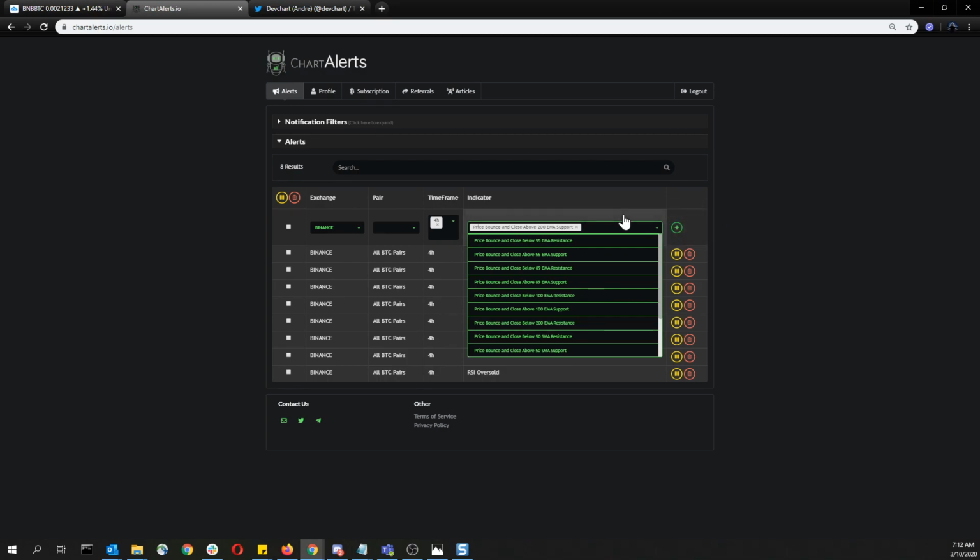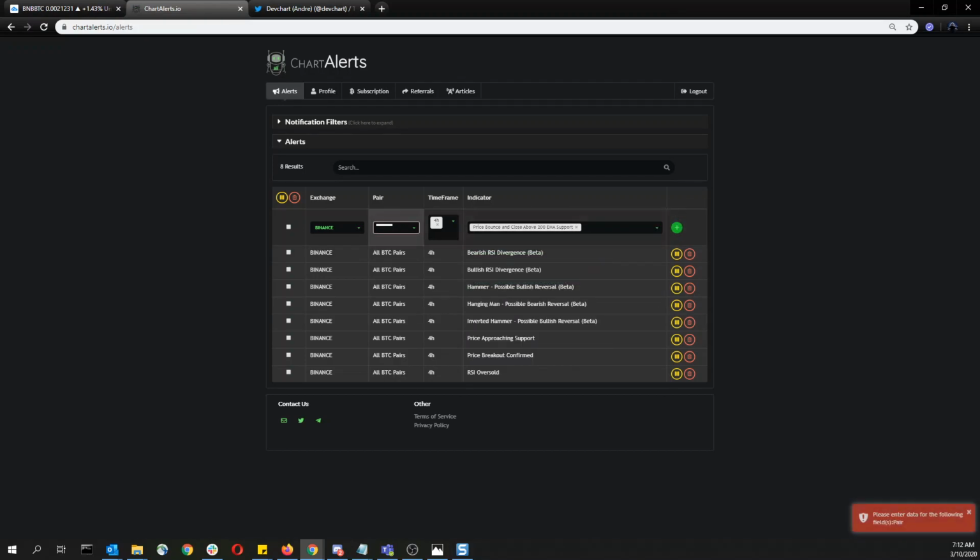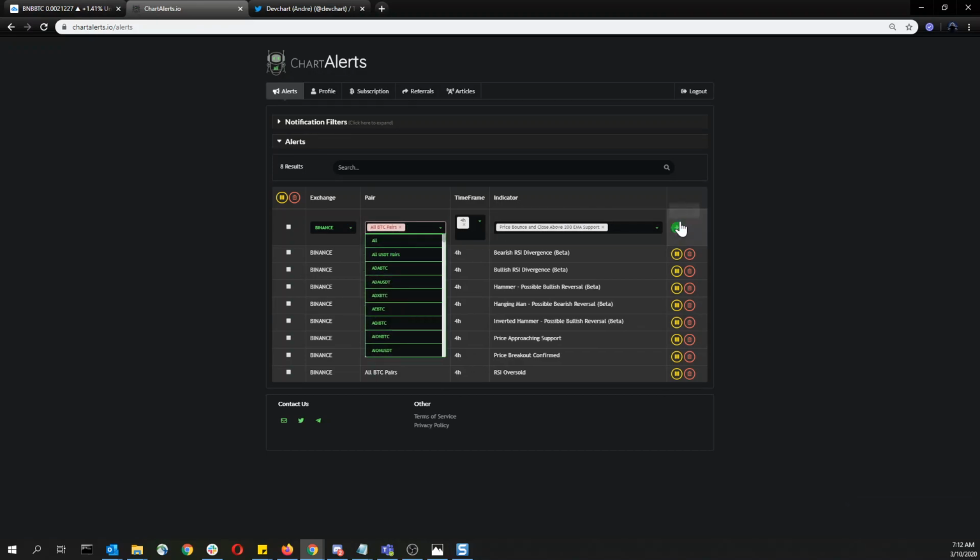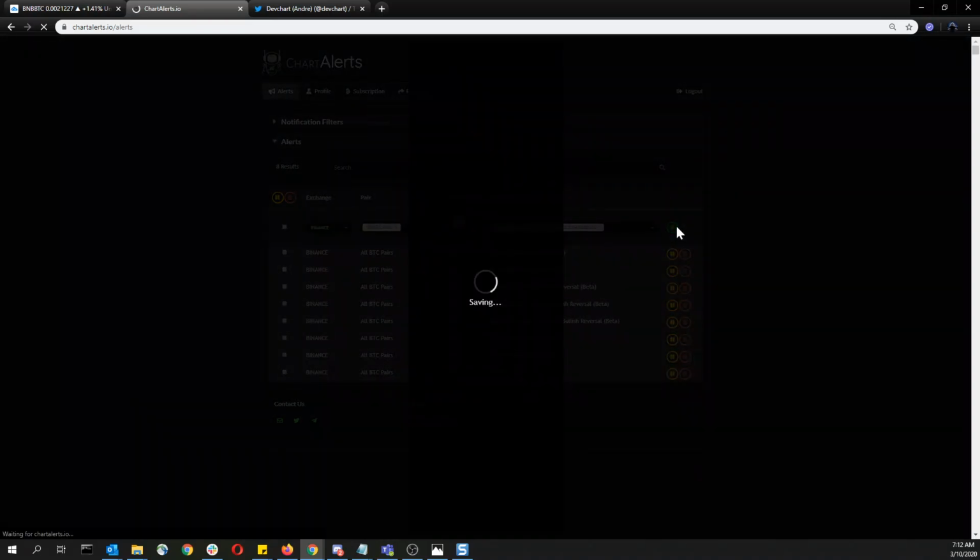This is just a part of a strategy that I use. I like to buy the 200 EMA support on the 4-hour, only if the coin is actually trending. I'm not saying that this is probably the best EMA to use, but this is just something that I like to buy. So let me add that.